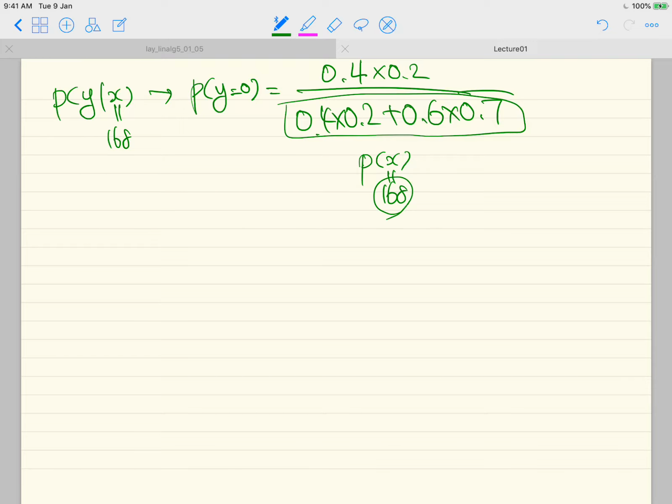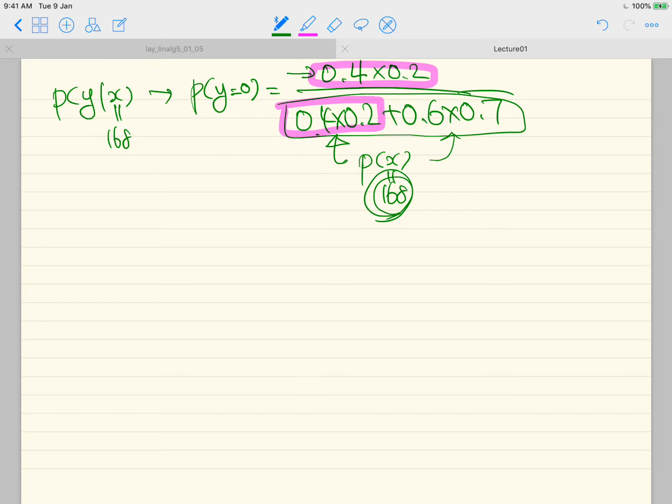What is the probability of observing 168 regardless of gender? We simply consider all the gender cases of being female or male, and sum these joint probabilities all together. That gives us this marginal distribution, the probability of observing x being 168 regardless of any gender. And the numerator corresponds to just one specific case among all the possible cases.